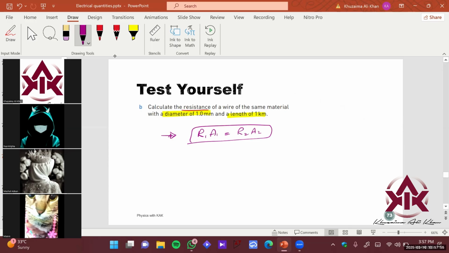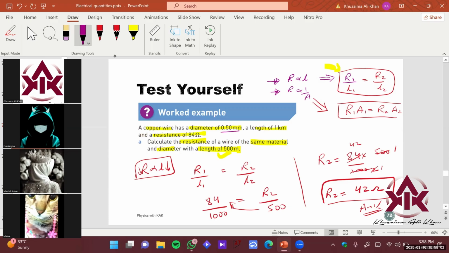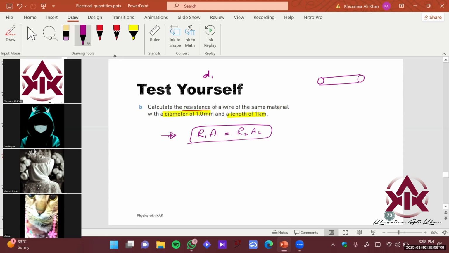So we need to first find the area when the diameter was initially 0.5 millimeter. You want to convert millimeter into meter first. Your D1 is given as 0.5 millimeter, which is 0.5 into exponent minus 3 meters.